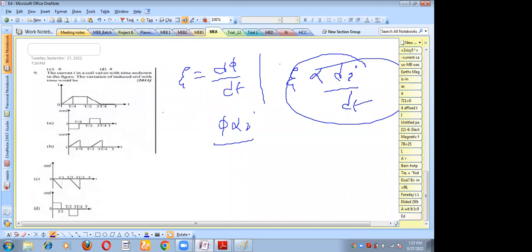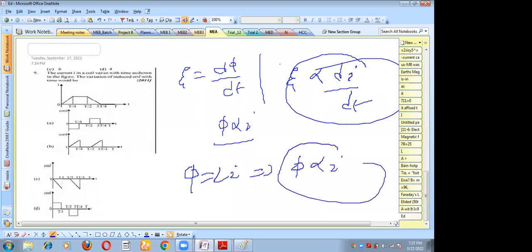We know the self-inductance of a coil. We know the formula phi is equal to Li, right? So phi is proportional to I. So you can say that EMF is directly proportional to di by dt, and from that you can find the correct graph. Understood?